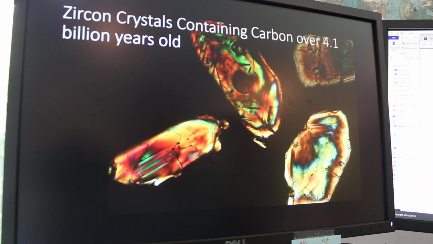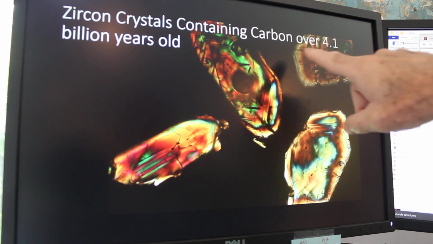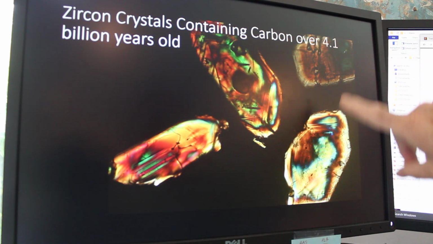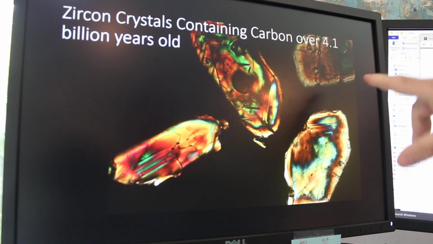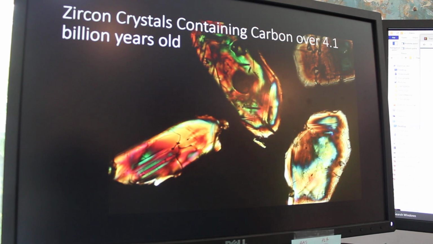These single-celled organisms would then take carbon dioxide out of the atmosphere, release oxygen, photosynthesize, and reproduce. And that's all they did. But we see remnants of this carbon, which was left over by these single-celled organisms, 4.1 billion years old. Remember that the whole Earth is only 4.5 billion years old. So this life started very quickly right after.